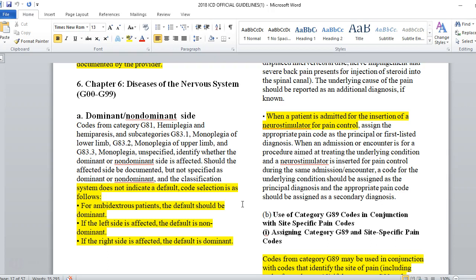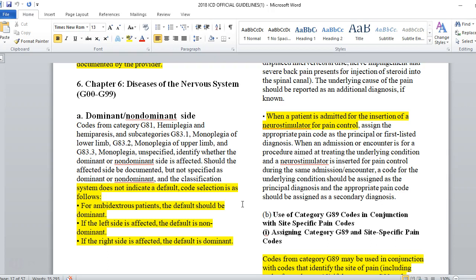So codes from categories G81, hemiplegia and hemiparesis, and subcategories G83.1, monoplegia of lower limb, G83.2, monoplegia of upper limb, and G83.3, monoplegia unspecified, identify whether the dominant or non-dominant side is affected. Should the affected side be documented but not specified as dominant or non-dominant, the classification system does not indicate default code selection, which is as follows. So when they don't tell us, this is what we do.